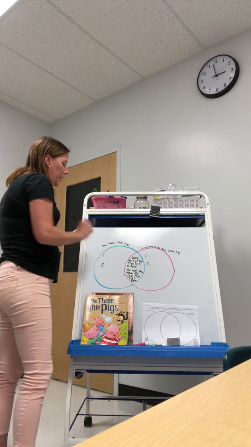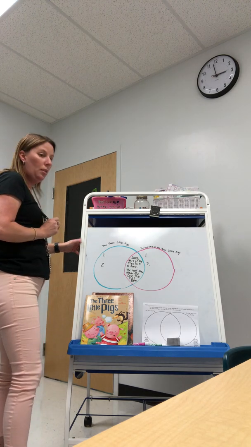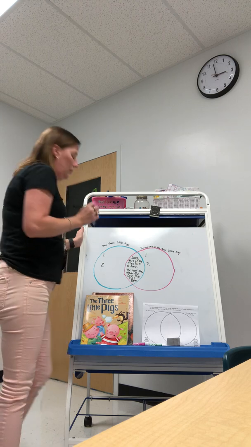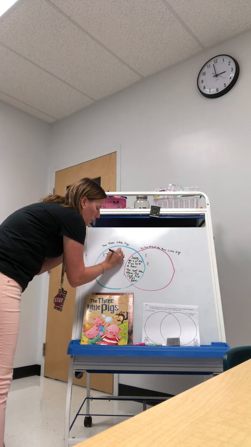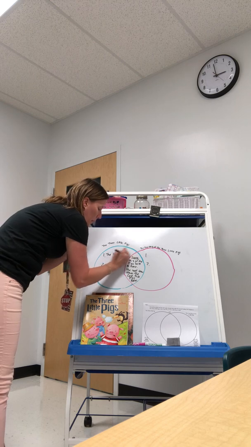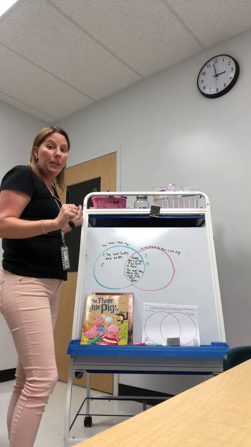Right, so we're going to first give two reasons how the Three Little Pigs are different. Good. In the first story, the wolf huffs and puffs. So how do you think that was different in the true story of the Three Little Pigs?